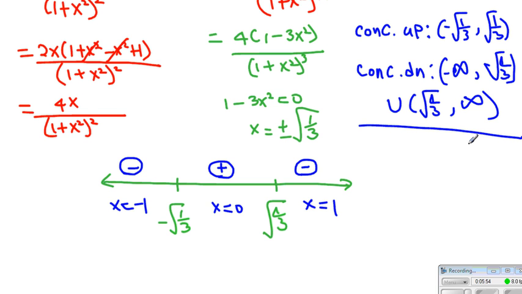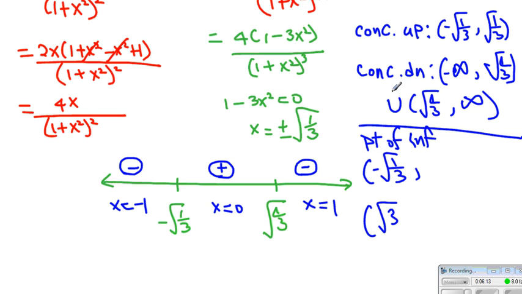Now, point of inflection. That's where concavity changes. So the x values for that become negative square root of 1/3 and positive square root of 1/3.